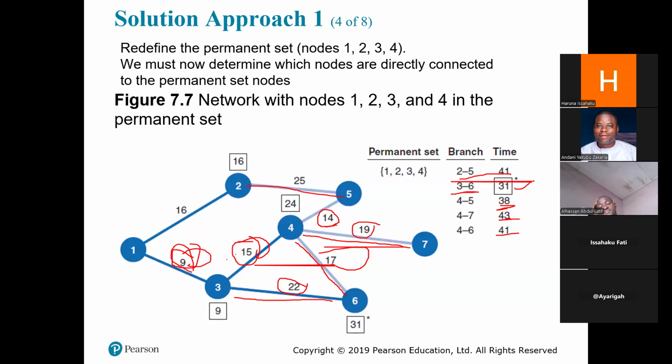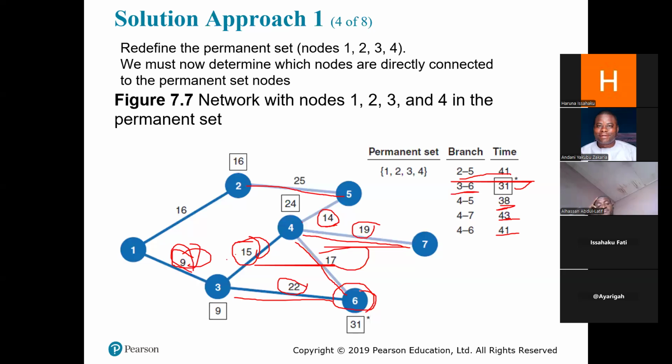So among them, which one is the least? We see that it is the movement from 3 to 6. That is the least, with a time of 31. Okay. So it means that node 6 has also been determined.